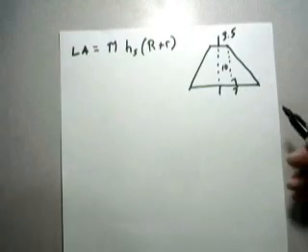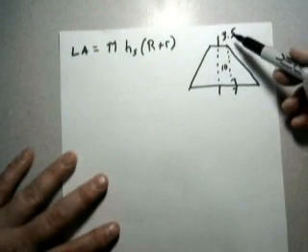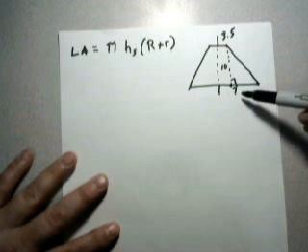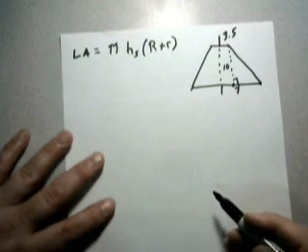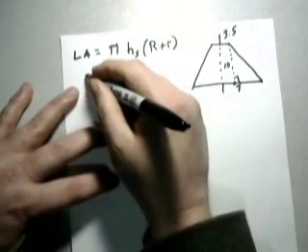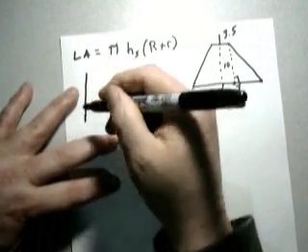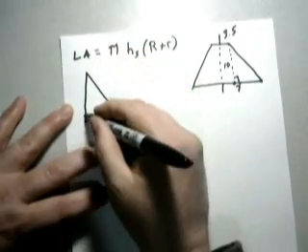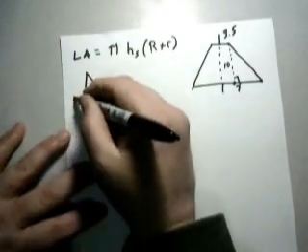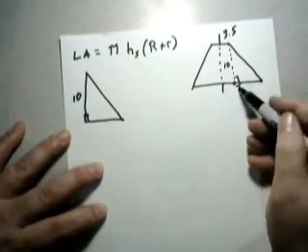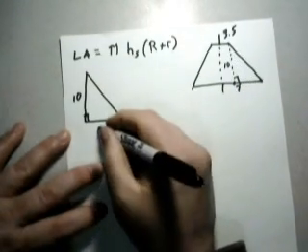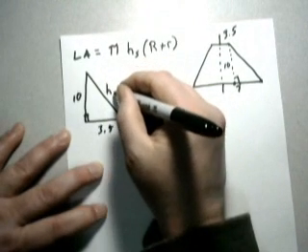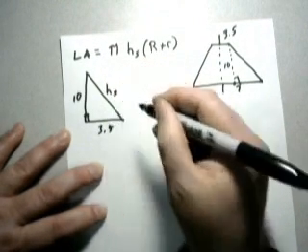Now what I need is this distance from here to here. So it's 7 minus 3.5, and I will redraw this triangle over here so we can see it a little more clear. The height again is 10. 7 minus 3.5 is 3.5, and this is what we're looking for, the slant height.